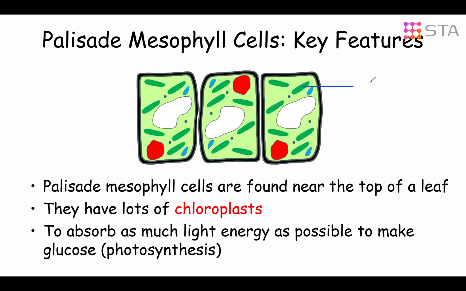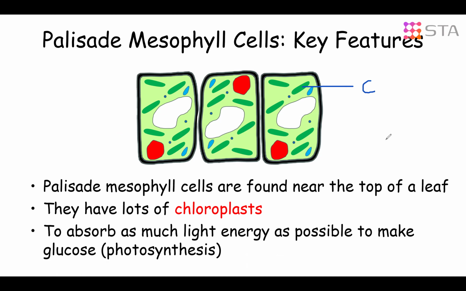So here are the chloroplasts. Okay, now in this diagram, you can see there are 6 chloroplasts, but actually there would often be many, many more than that. Okay, now what do chloroplasts do? They contain chlorophyll, they absorb light energy.